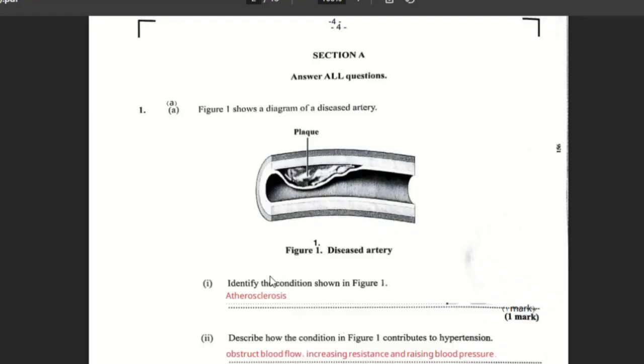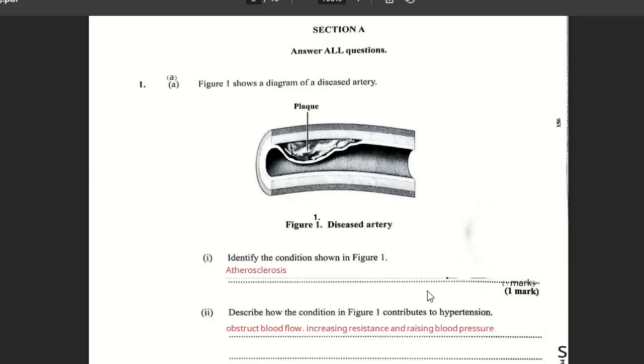It's literally a build up, because naturally the blood is supposed to pass through, since an artery is a blood vessel. Now when you have this plaque, it's blocking the blood flow and can lead to this disease. So this would be the answer for number 1.